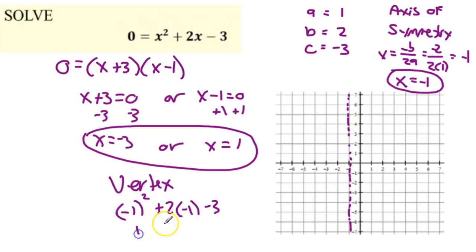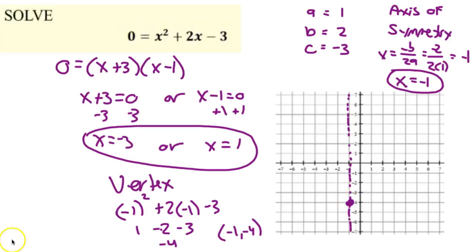That becomes 1, that's minus 2, that's minus 3. 1 minus 2 is negative 1, minus 3 is negative 4. So our vertex, this is the y value, so x is negative 1, y is negative 4. So this point right here is our vertex. Negative 1, negative 4. Bam, right there.